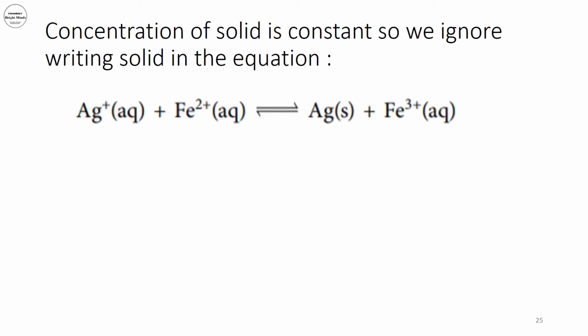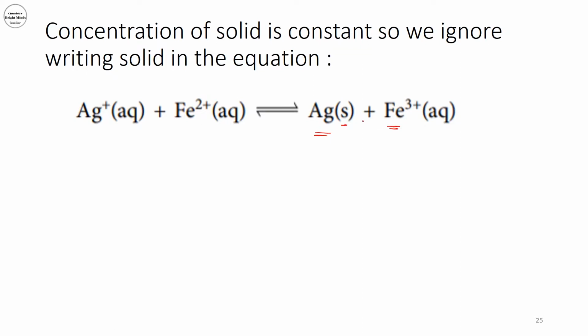Now what if one of my products or my reactants is a solid? In that case we will ignore the concentration of the solid, because usually you don't have a concentration for a solid. There is no liquid to calculate the concentration for, so you will ignore the part which consists of solids. In here I have silver ions reacting with the iron ions to give me silver solid and iron ion.